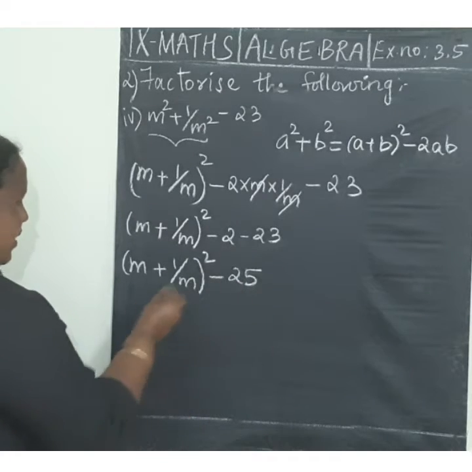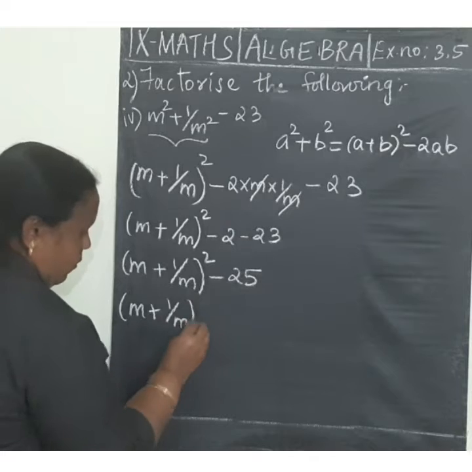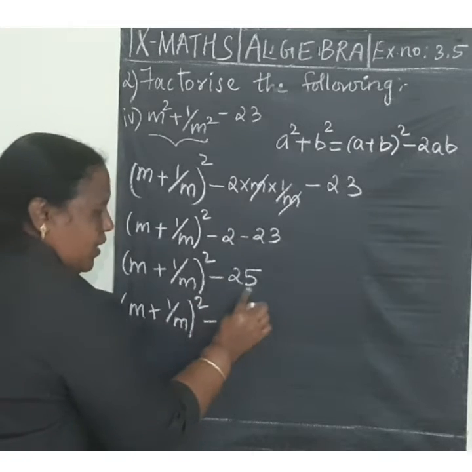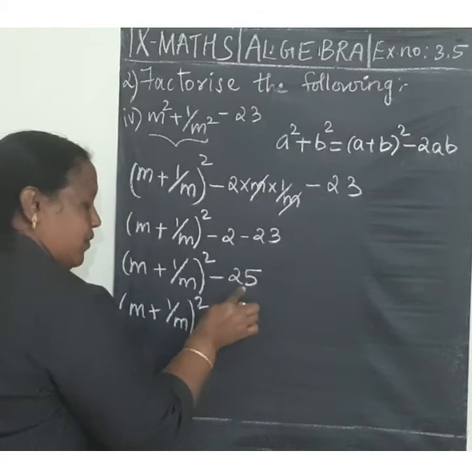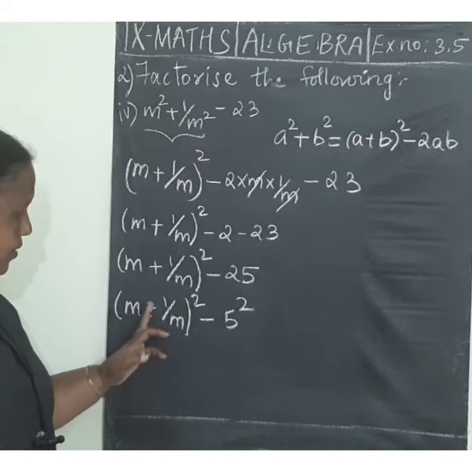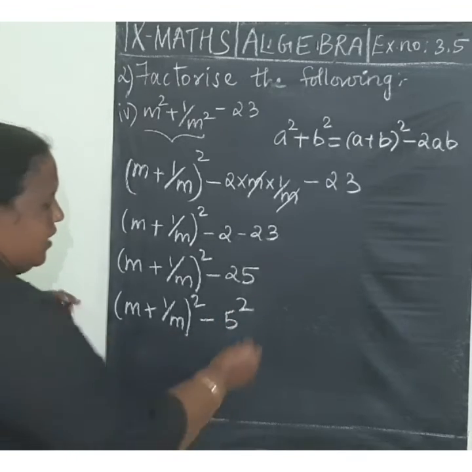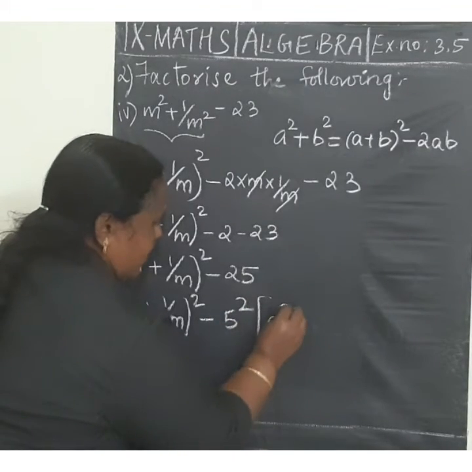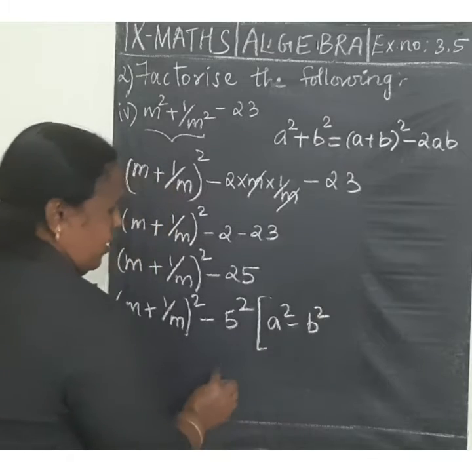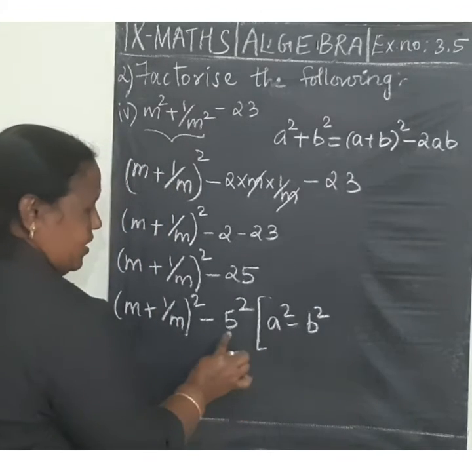So this 25, listen here, m plus 1 by m the whole square minus this 25 is a square number. This 25 we can write it as 5 square. m plus 1 by m the whole square minus 5 square. It is in the identity a square minus b square. So our a is m plus 1 by m, our b is 5.